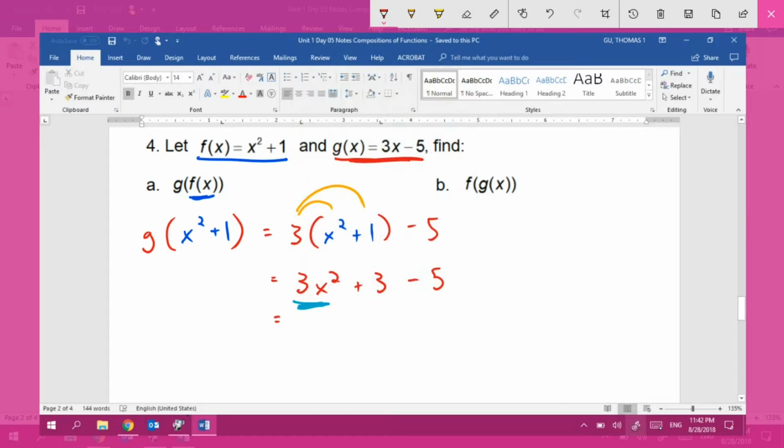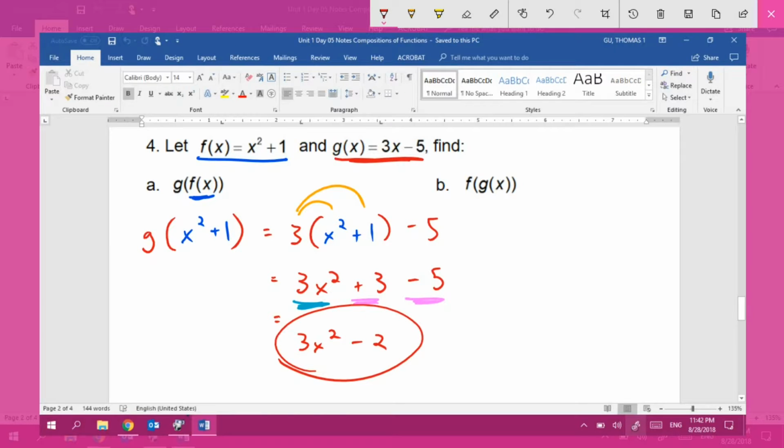No, so we're just going to bring this down, 3x squared. And then let's combine our numbers. We've got positive 3 and negative 5. What is 3 minus 5? That is minus 2. And that is my answer. So g of f of x here is equal to 3x squared minus 2.